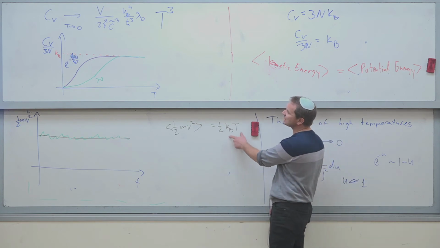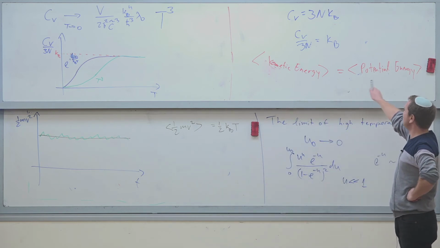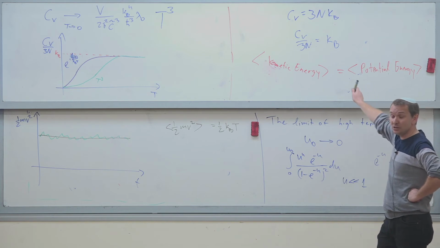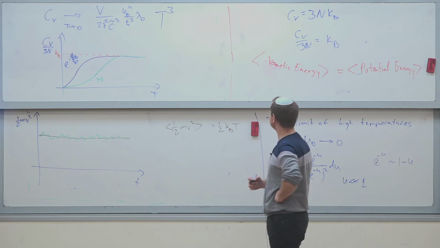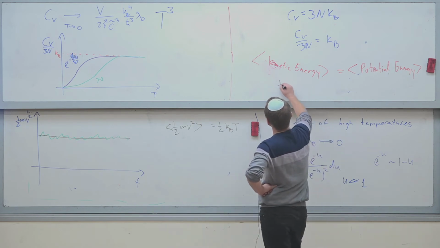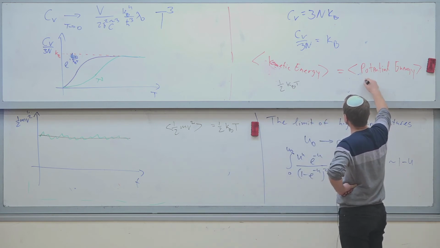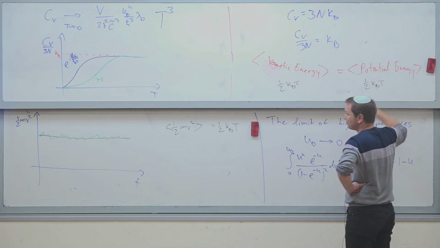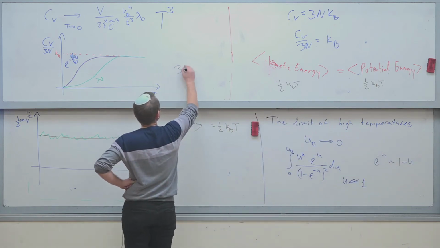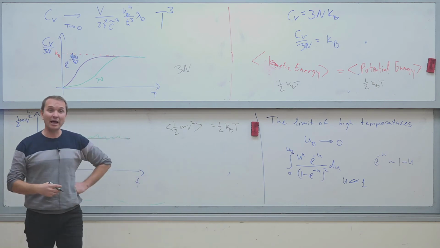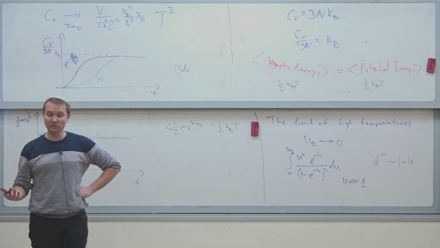Always. So what I see from the equipartition theorem is that the average kinetic energy equals the average potential energy if I have a square potential, a harmonic oscillator. The average kinetic energy is 1/2 K Boltzmann T. The average potential energy is 1/2 K Boltzmann T. So in total, for a system of 3n independent particles, the average energy is the average kinetic energy plus the average potential energy.